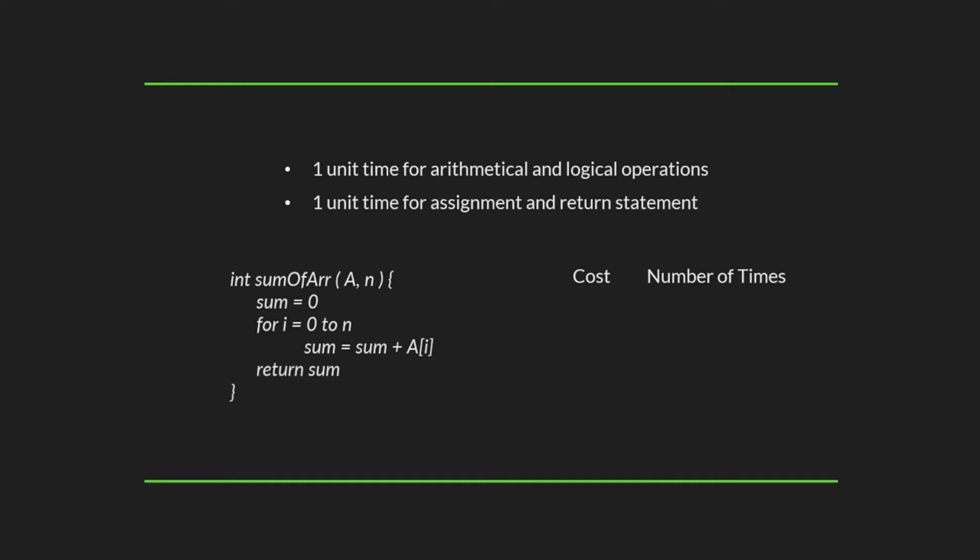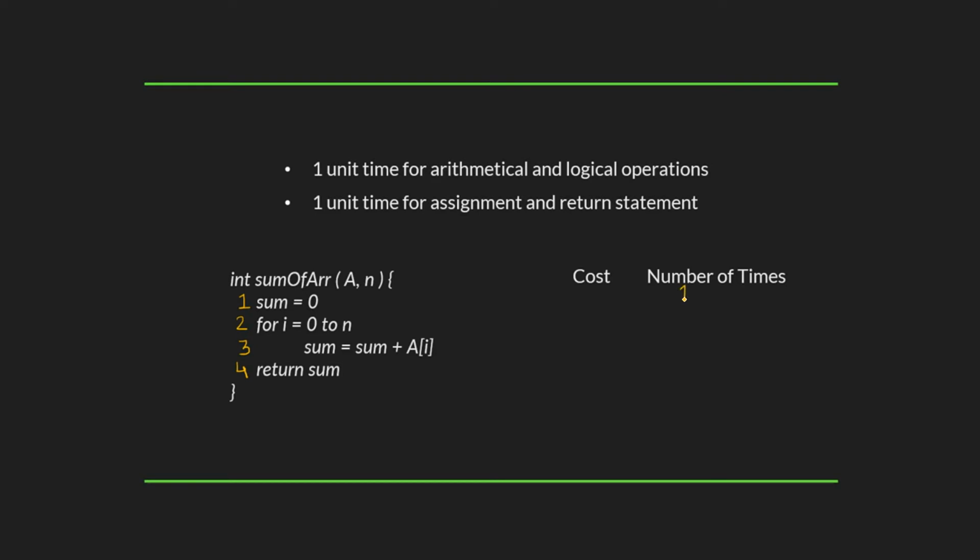Finally, we return the total sum. Before analyzing the time taken, let me add line numbers to this program. And now, let's find out the cost and number of times each line executes.